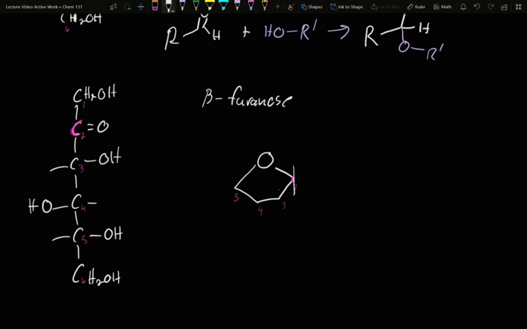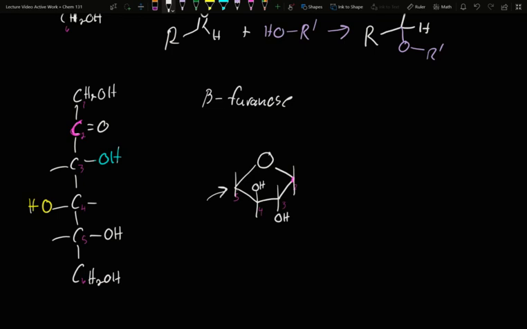Coming off each of those spots, we'll have something up and down. And so now we have to determine what goes up and down. Well, for carbon 3, the OH was on the right, which means it is down in our ring. Carbon 4, the OH was on the left, so it is up in our ring. Carbon 5, well, there's no more OH.